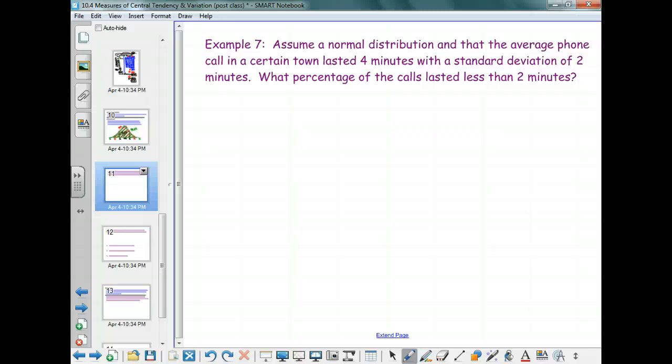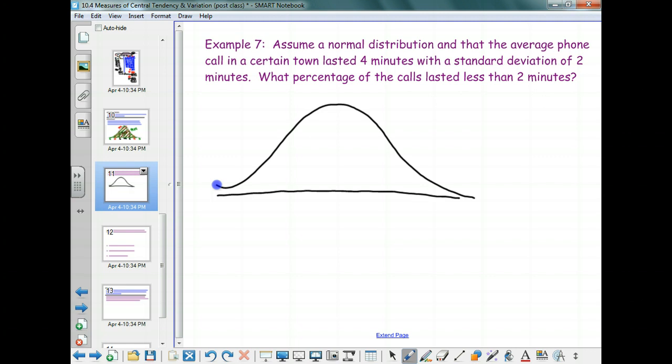So you're first going to start by drawing the bell curve, okay? And it doesn't need to be perfect, just draw it. What do you think you might put into this picture? The average, right? It said the average length of the phone call was 4 minutes. So this right here is 4 minutes. And you know you can go 3 standard deviations in each direction, correct?